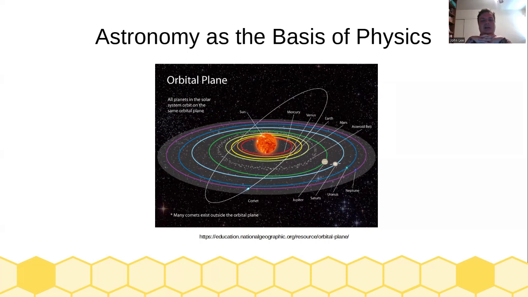So because these planets are so big and follow the same physical rules as smaller objects, we're able to make predictions about the laws that govern all of reality by looking at the planets and looking at the stars.